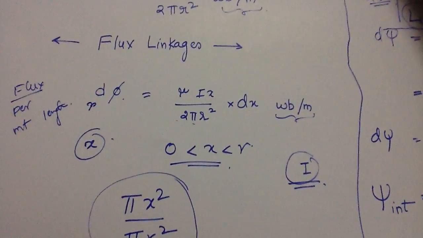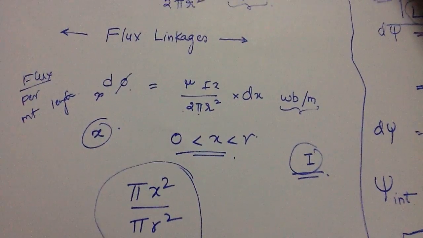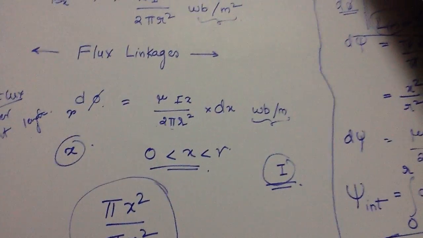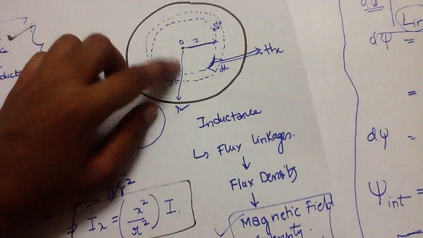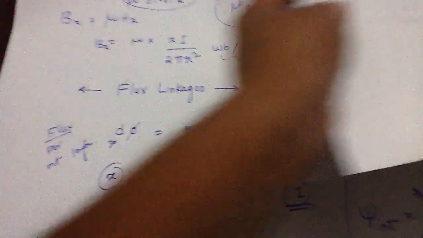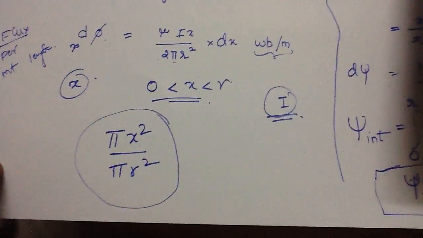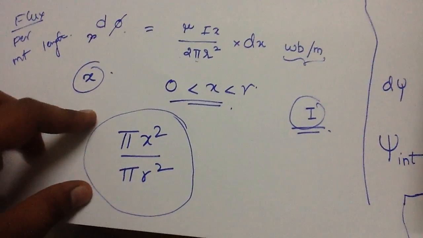Now we know that the flux line which we are taking links with only part of the current. This radius is r and this radius is x. So it only links with pi x square by pi r square, part of the total current.